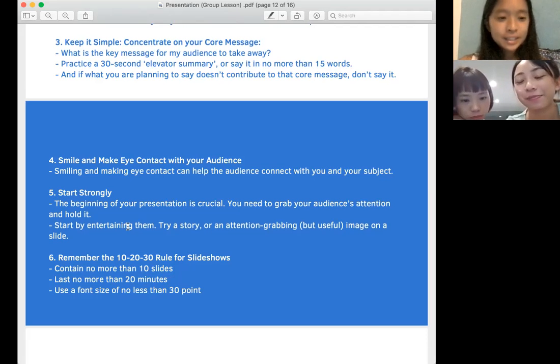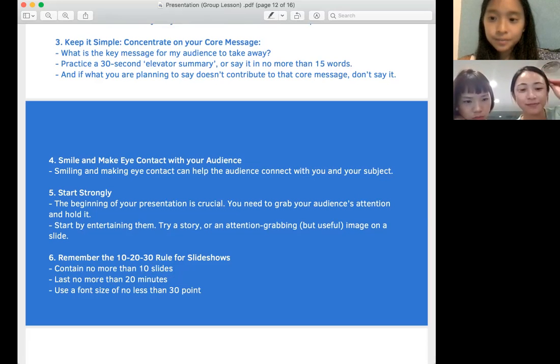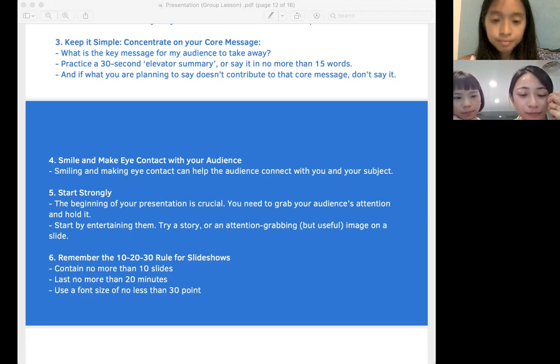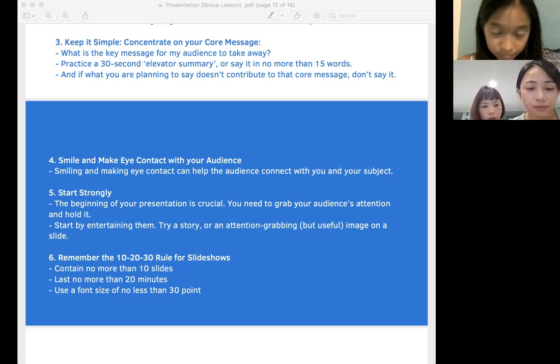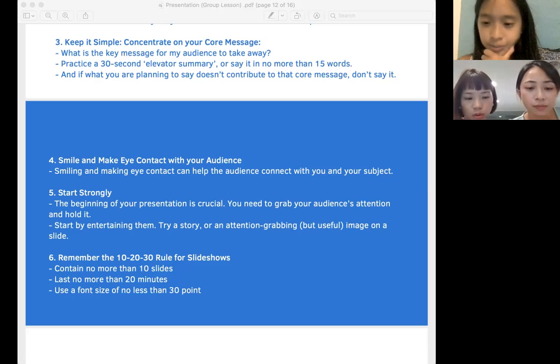Okay, the next one, what's number 6? Remember the 10, 20, 30 rule for slideshows. Content no more than 10 slides. Last no more than 20 minutes. Use a font size of no less than 30 point. Okay, what does this mean?